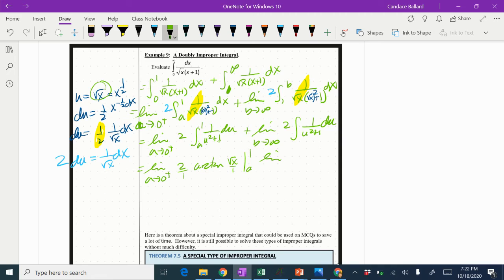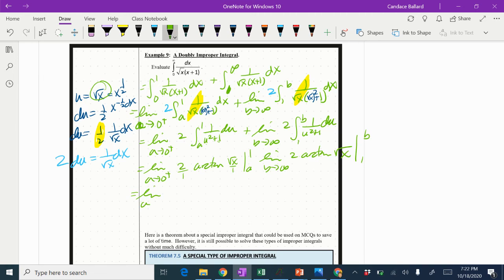And then we get the same integral on this one, so the 2 is still hanging out there, arctangent of the square root of x from, oops, I missed my limits, didn't I? 1 to b. All right, we're going to go ahead and do our substituting in.